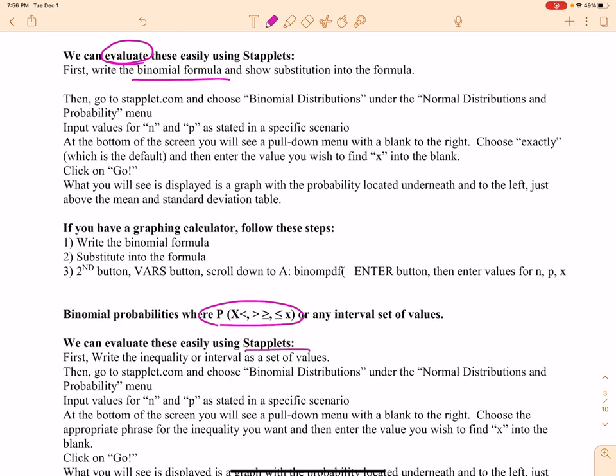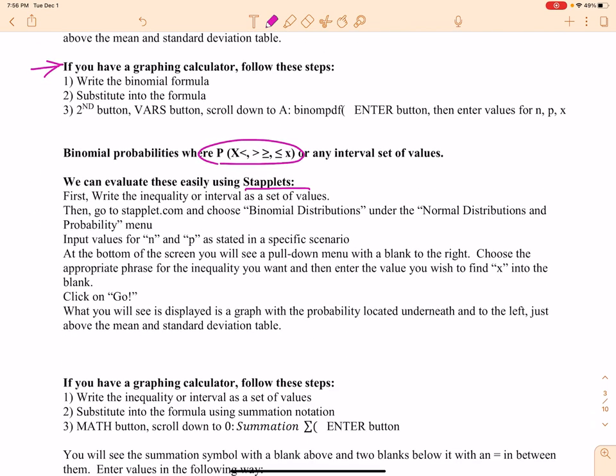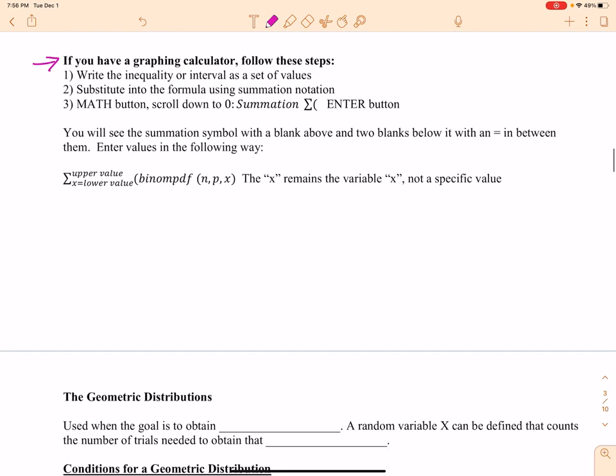You can evaluate using Statlet, you can evaluate using a graphing calculator, and you can do that for the equalities and the inequalities. I know that this is a lot of information for you, and as we go through examples, some of that is going to become a little clearer, obviously, but this is just basic information about binomial distributions. Enjoy.